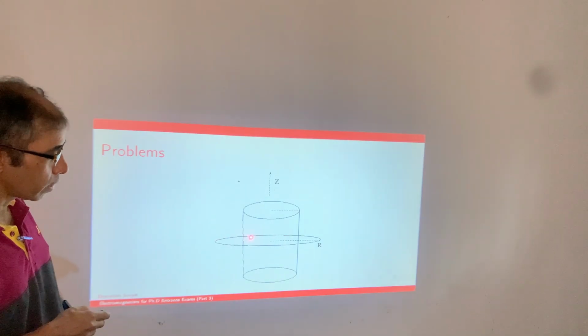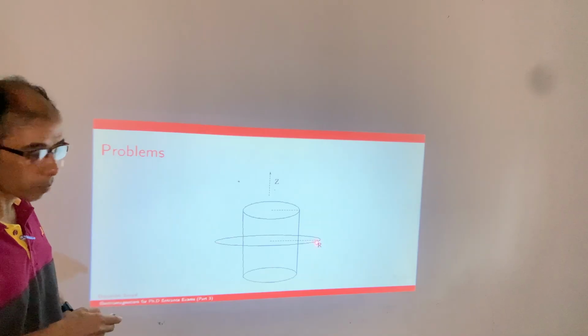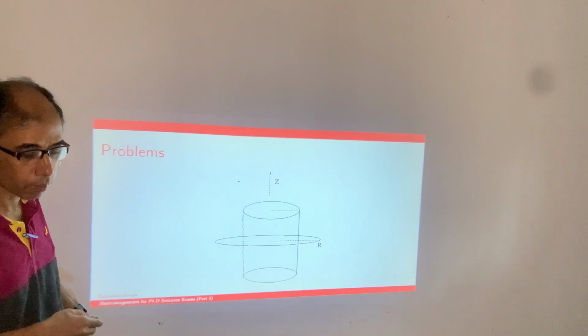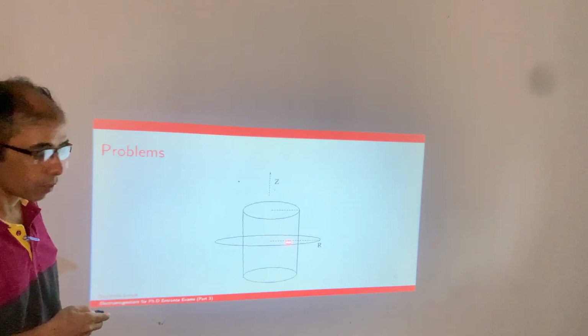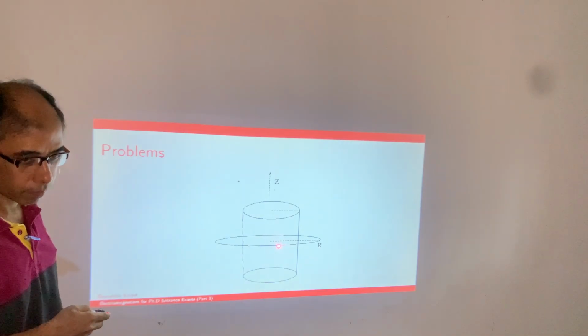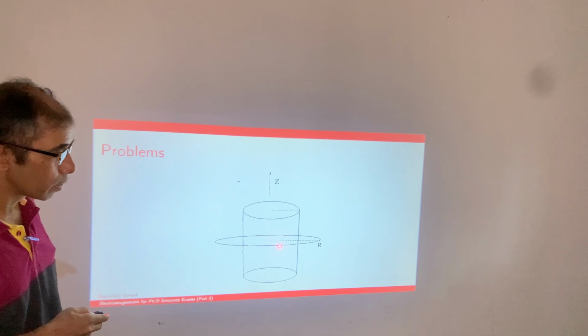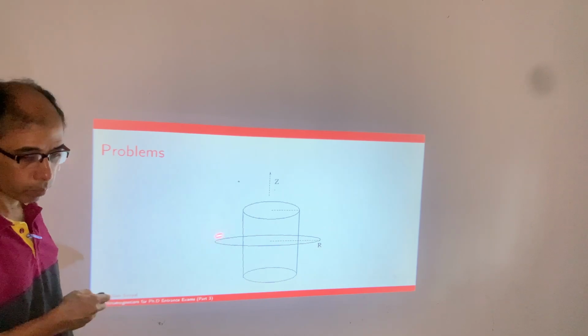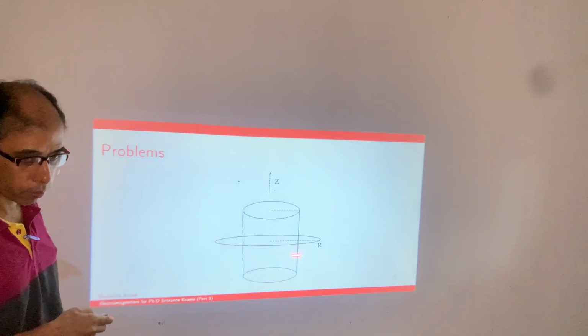So what is happening is that the magnetic flux across this loop is changing with time, and as a result there will be an electric field. That electric field is going to act on this loop, and this loop is charged.